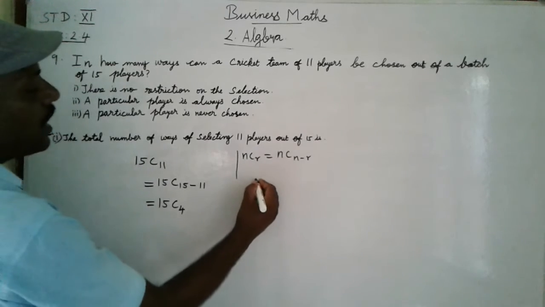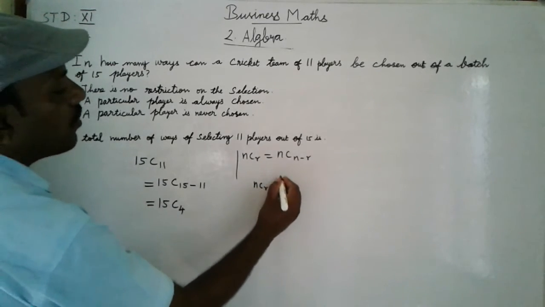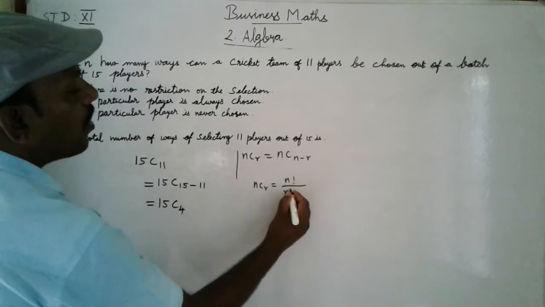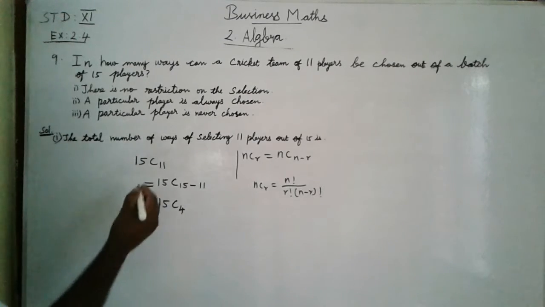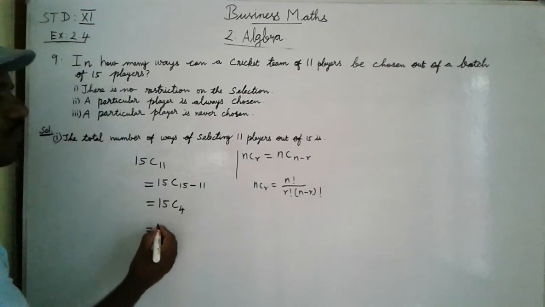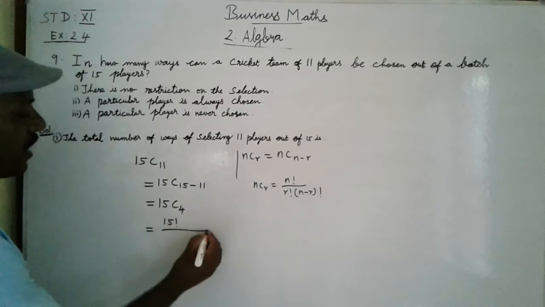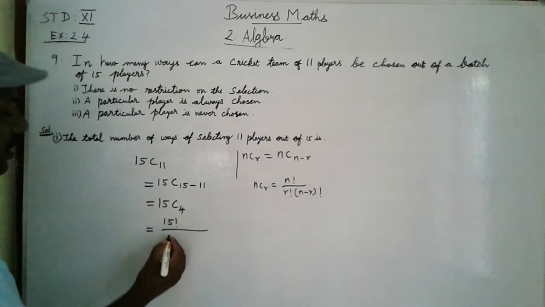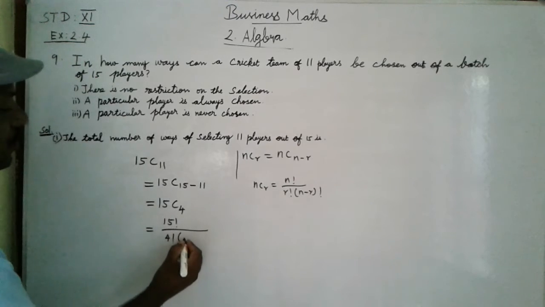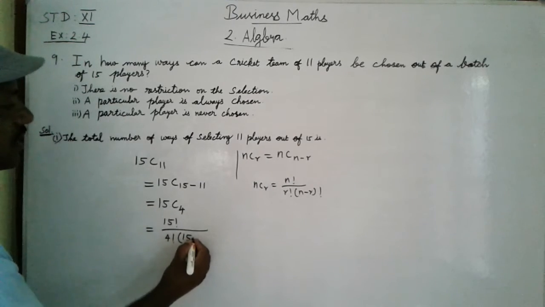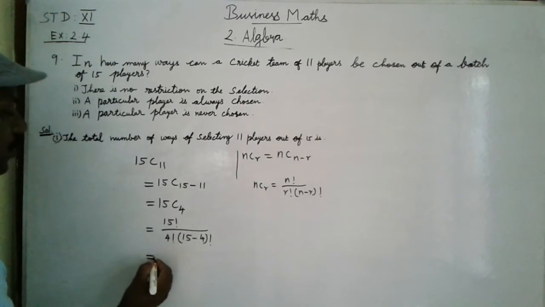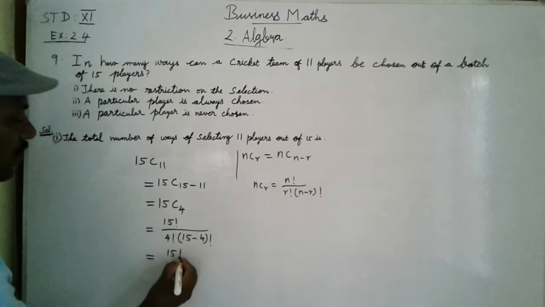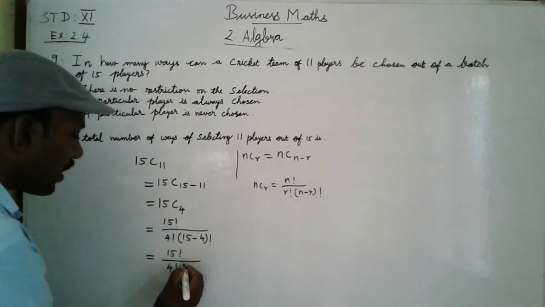We know another formula: nCr equals n factorial divided by r factorial into n minus r factorial. Substituting, n is 15 and r is 4, so 15 factorial divided by 4 factorial into 15 minus 4 factorial, which is 11 factorial.